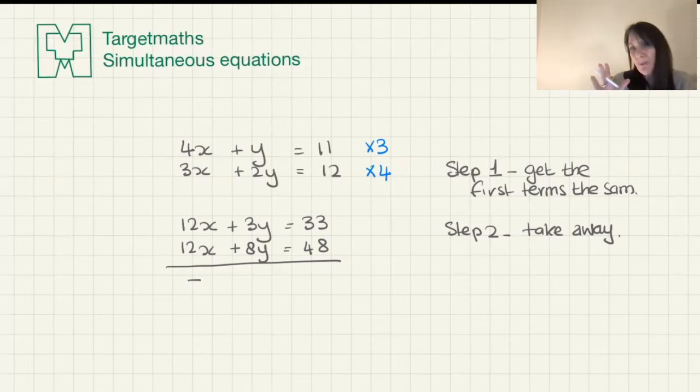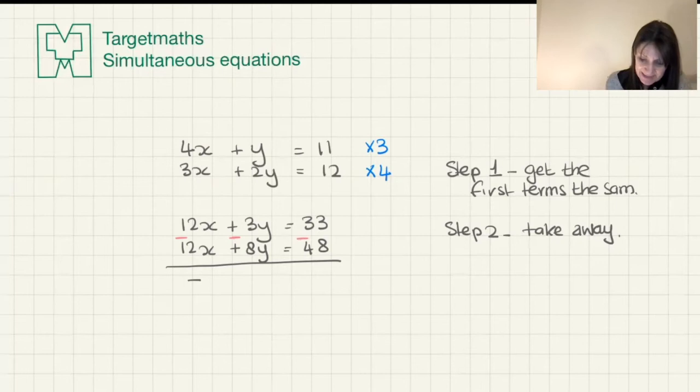Now, one of my top tips here, because when we get into negatives, it starts to get a little confusing, and that's when we can see things going wrong. So to try and help us, we are going to show the takeaway that we do. So 12, take 12, it's gone.